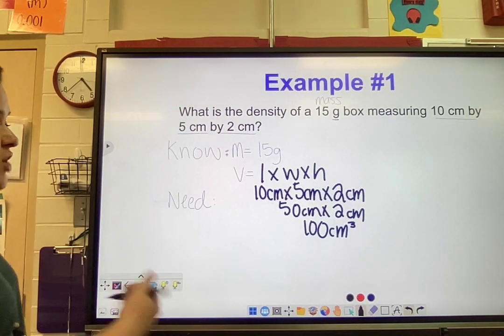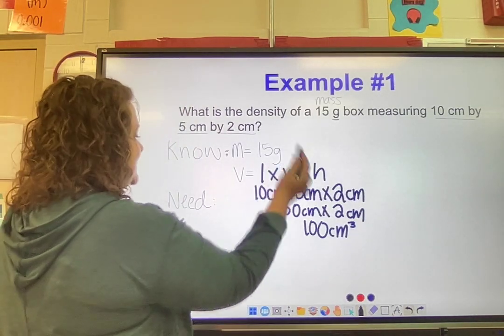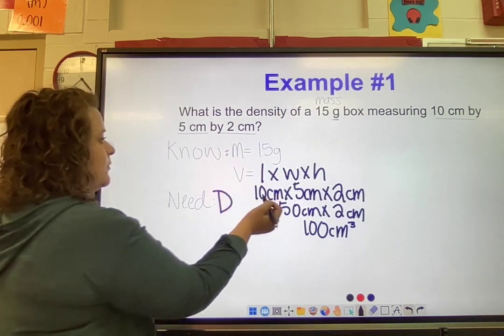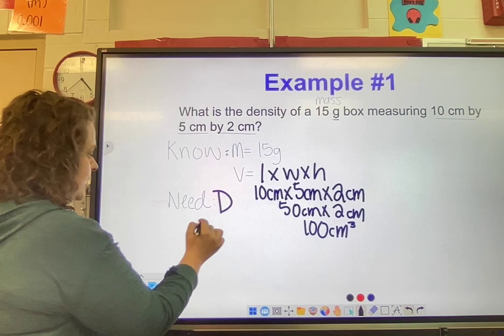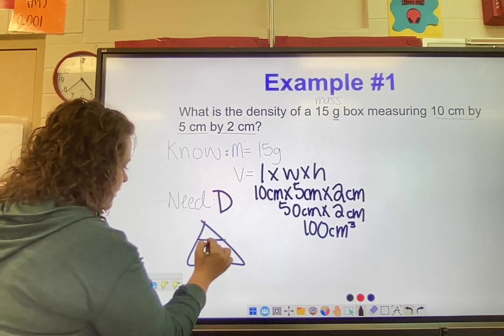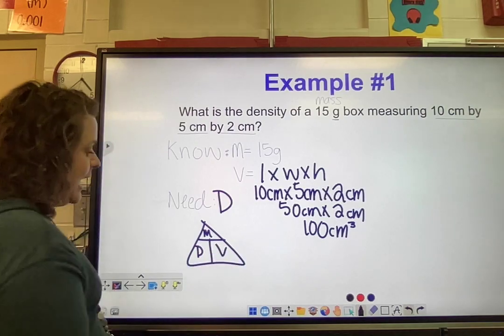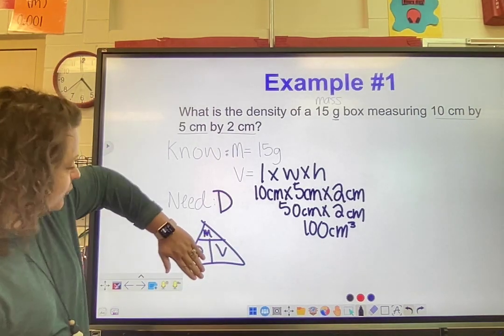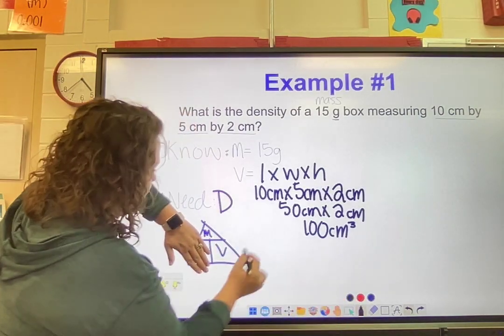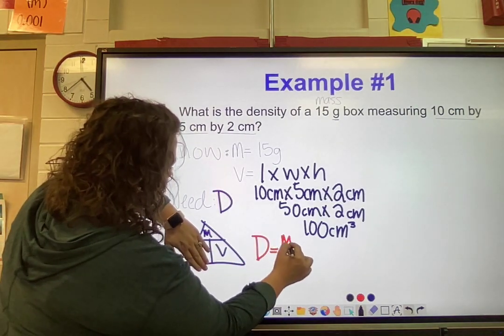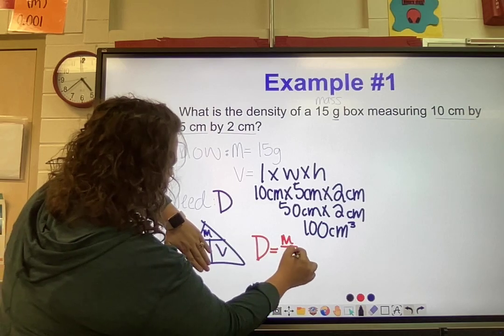Then I can solve for density because I have mass and volume. I can use my magic triangle, so I'm going to draw it over here. I have density, mass, and volume. I need density, so I'm going to cover it up, and it gives me my formula: D equals mass over volume.